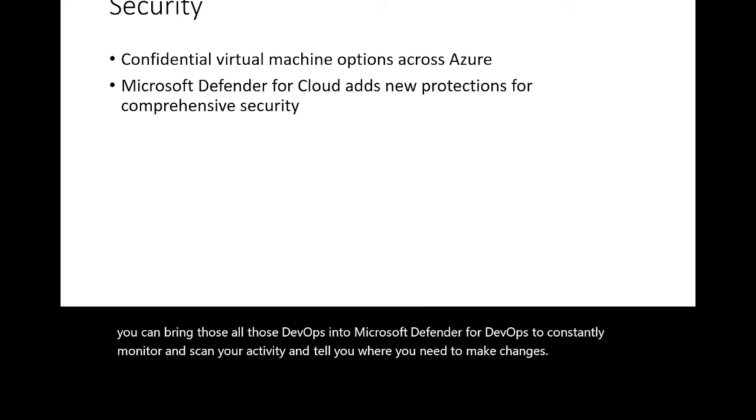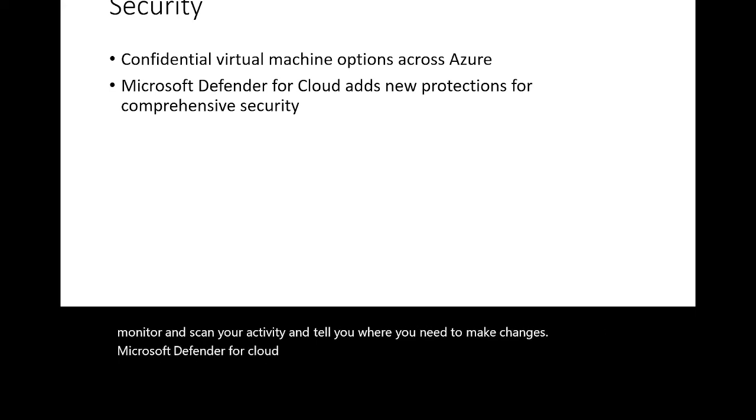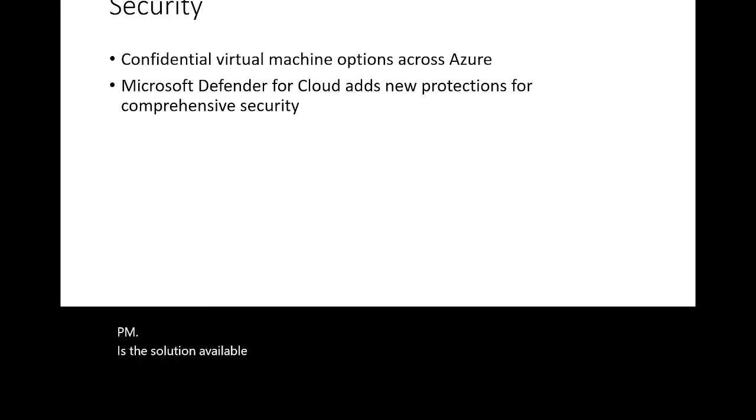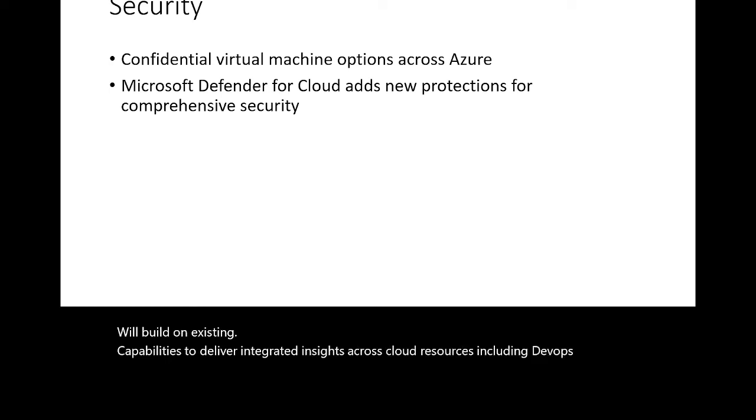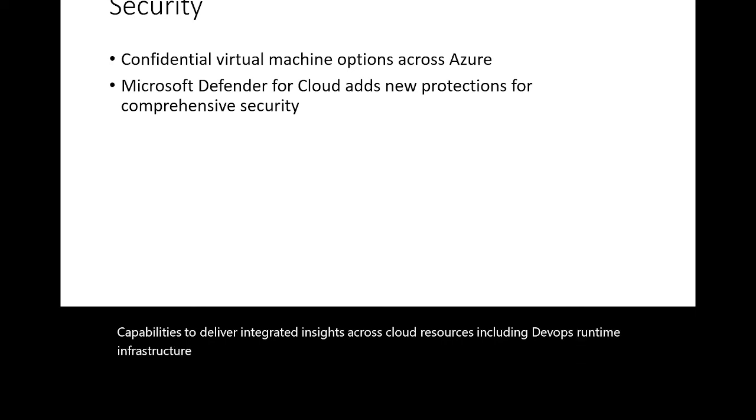Microsoft Defender for Cloud Security Posture Management, CSPM, is the solution available in preview. It will build on existing capabilities to deliver integrated insights across cloud resources, including DevOps, runtime infrastructure, and external attack surface, and will provide contextual risk-based information to security teams.